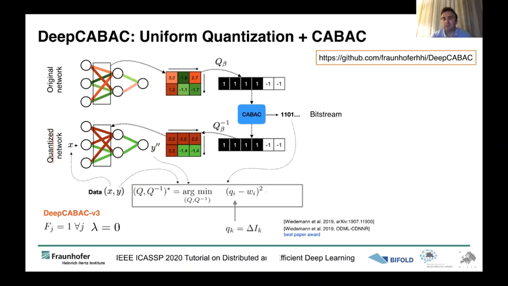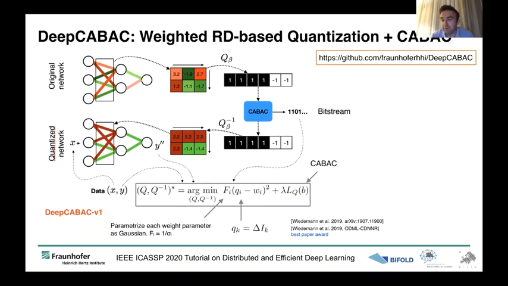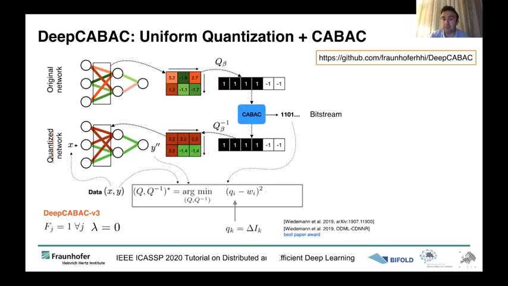So for neural network compression, this weight parameter Fi and also the rate distortion formulation does not seem to play a big role. We didn't expect this at the beginning, but we tested our algorithm on several deep models. In this MPEG initiative, we have to report results on several models with several configurations, and this very simple uniform quantization plus CABAC approach works quite well.